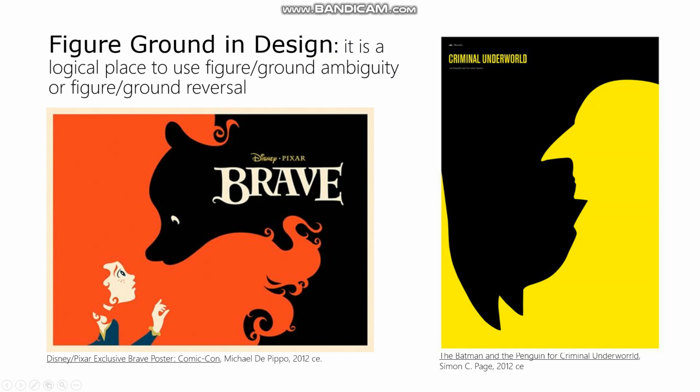And this Pixar piece was not made for the movie, but was rather made for Pixar to roll out the movie at Comic-Con, and they hired a series of illustrators to make illustrations based on it. And I love this idea of her hair being positive, but then becoming negative space and creating the shape of the bear's head.